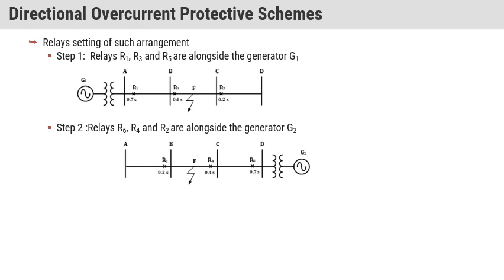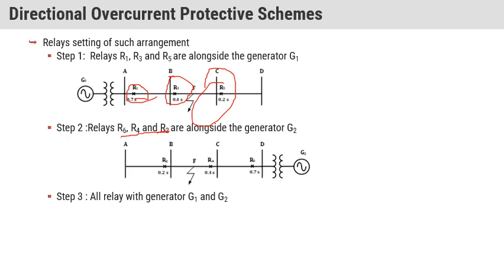We set relays R1, R3, and R5 alongside generator G1, and we set R6, R4, and R2 alongside generator G2.